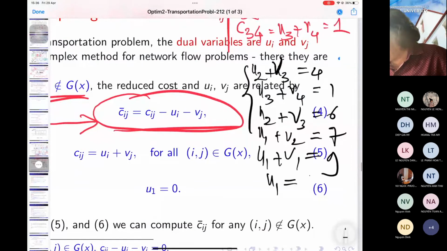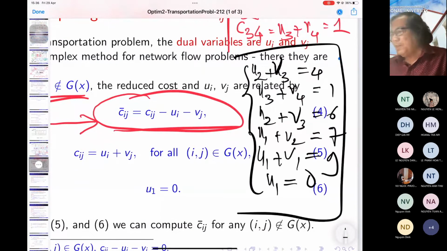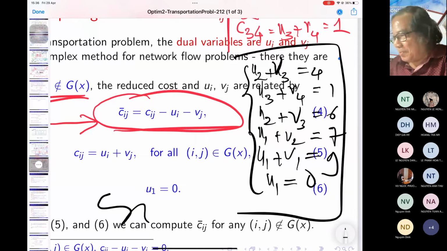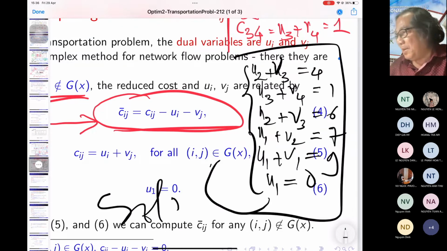And U1 is 0. Is it the linear system? That's the linear system. Is that okay? And you just say solve this. Solve the linear system. You know how to solve a linear system. There is some subprogram for solving linear systems. Is that okay?